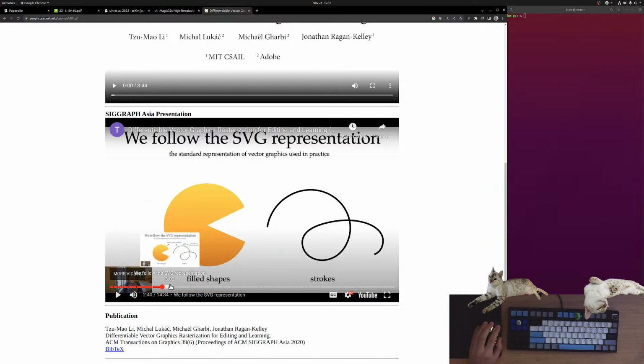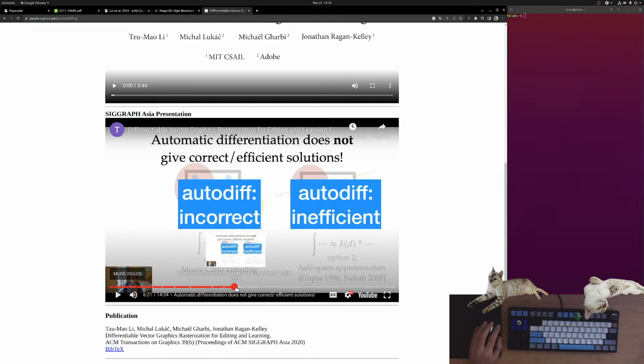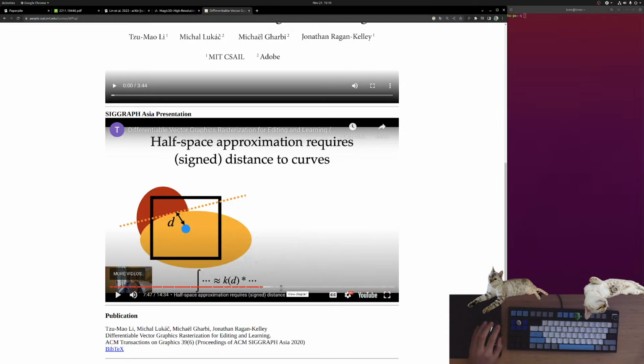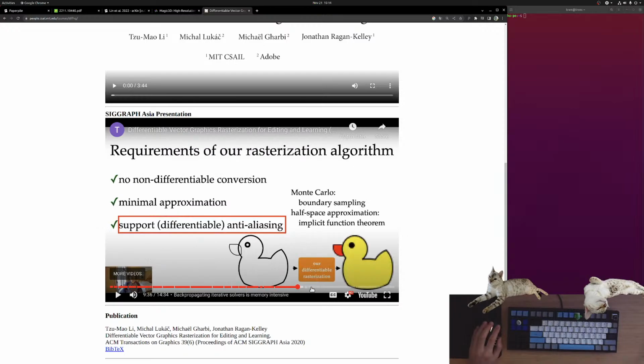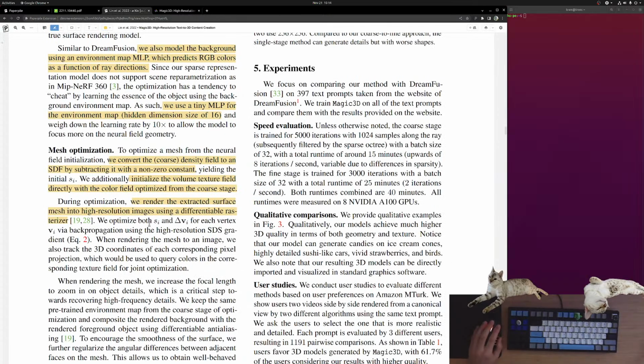And here they're saying how you go from vector images to raster images, and they define this in some way that is differentiable. Okay, that's pretty cool. It's a whole other can of worms, but apparently they use that differentiable rasterizer.